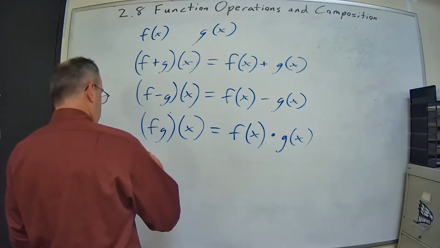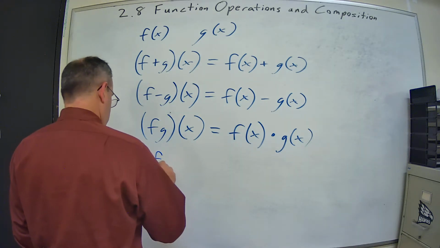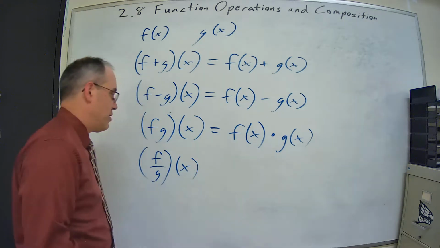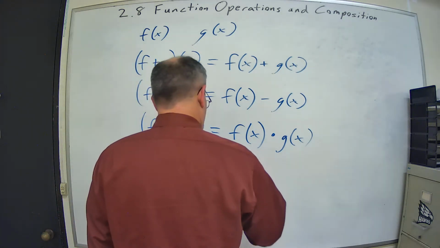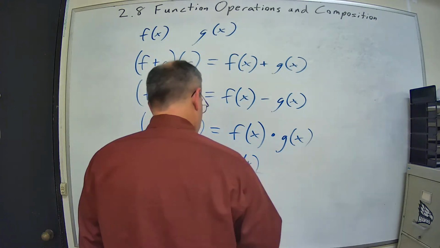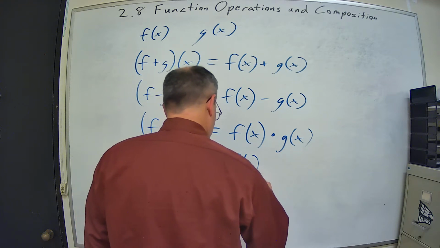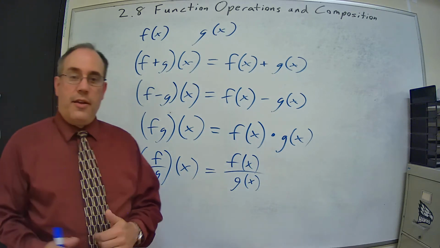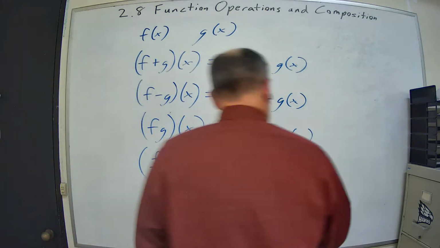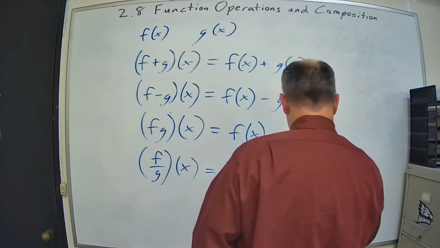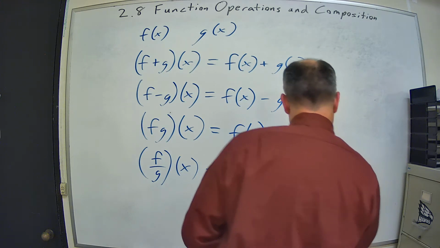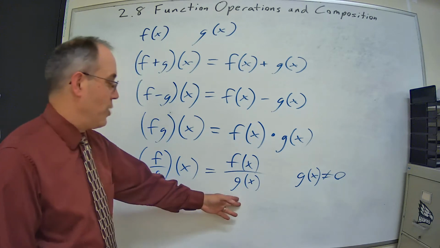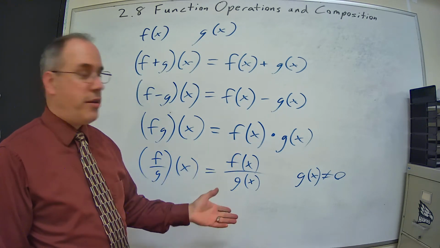And the final one is f over g of x, which is f of x divided by g of x. And let's just put, to be clear, that g of x cannot be allowed to be equal to 0. It's in the denominator, so obviously we can't allow it to be equal to 0, otherwise it would be undefined.